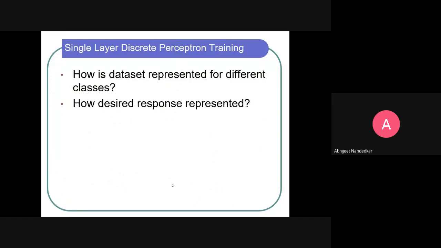Okay, so how do I train all these things, and how do I make the data representation for this particular problem? How do I represent the desired response for this problem?